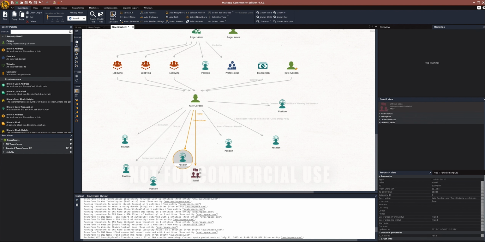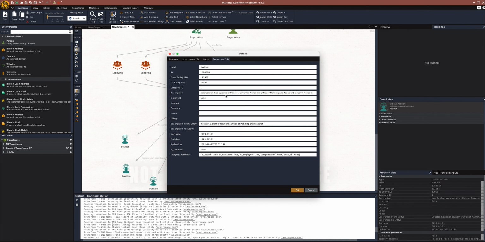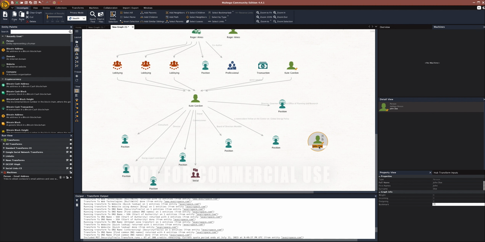I'm not going to dig into that, but you can look at these positions this person has held. Governor Newsom. So she's connected to Governor Newsom. I see. So let's go put Governor Newsom in here.